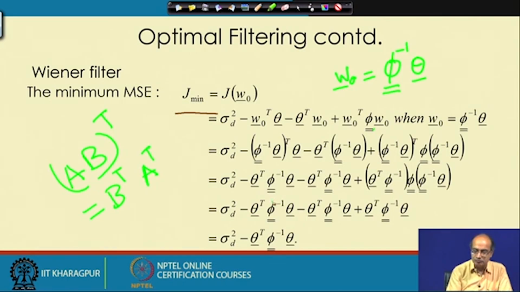There is no change in phi or phi inverse, because phi is a symmetric matrix, so here the transpose does not make any difference.